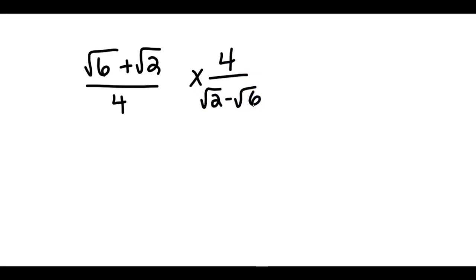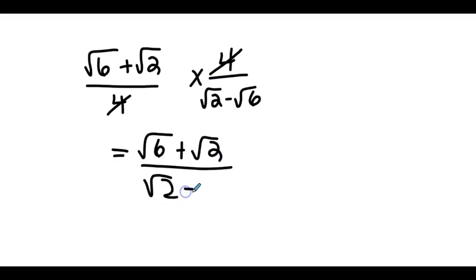And so these guys can cross off, and then we'd have root 6 plus root 2 over root 2 minus root 6.